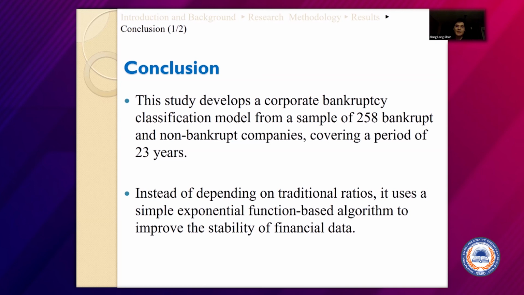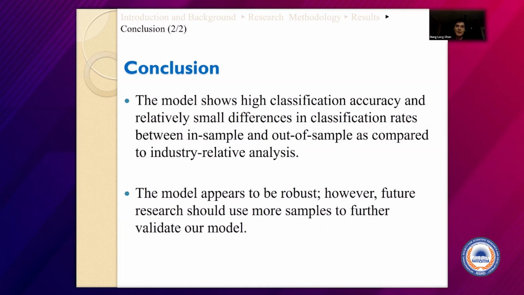The model shows high classification accuracy and relatively small differences in classification rates between in-sample and out-of-sample as compared to industry-relative analysis. The model appears to be robust. However, future research should use more samples to further validate our model.